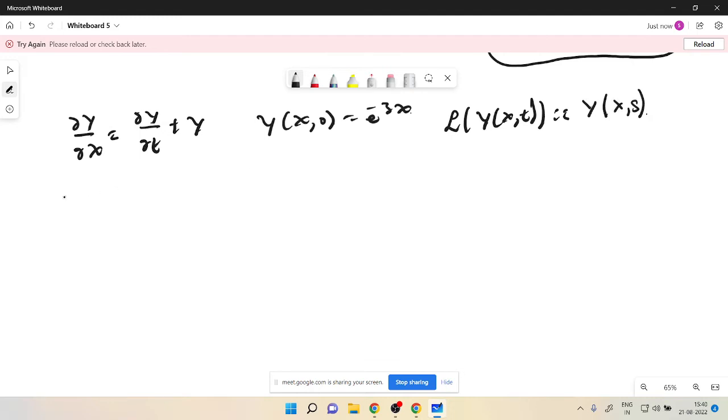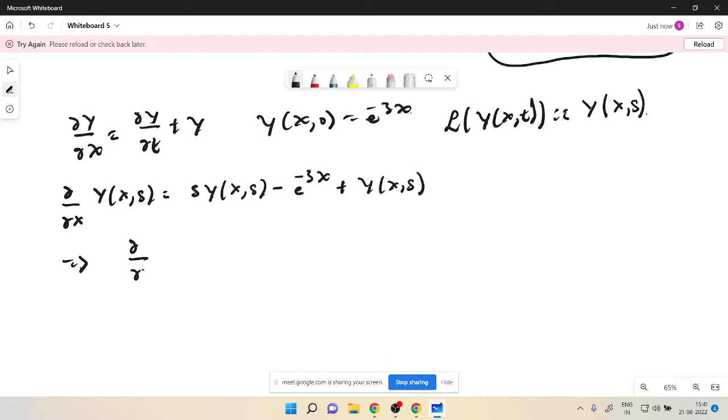So ∂/∂x of Y of x comma s should be s times Y of x comma s minus y of x comma 0, which is e to the power minus 3x, plus Y of x comma s.